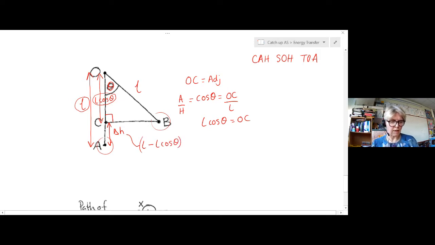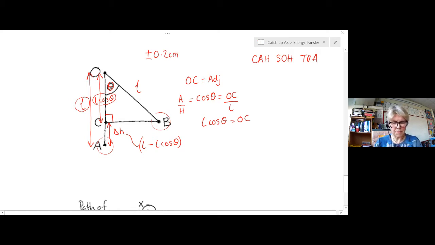Now, you might think, well, I could have measured that change in height with a ruler, but it's actually probably more accurate to measure the length of the string and measure the angle with the protractor. The length of the string here would be probably plus or minus, and I'm looking at uncertainties now, plus or minus 0.2 of a centimetre.